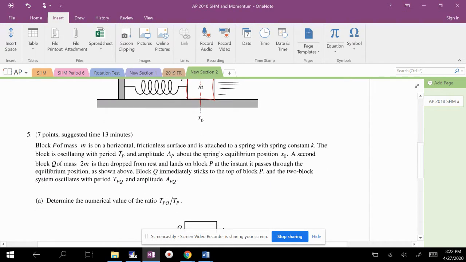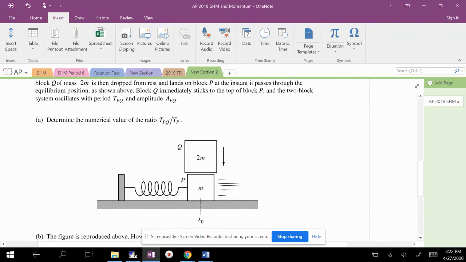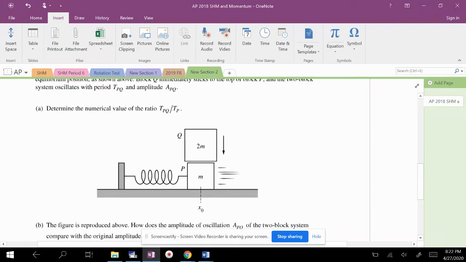Okay, so the first question says, determine the ratio between the period of the two-block system over the period of just block P. The equation for the period of a mass on a spring is 2 pi root m over k.